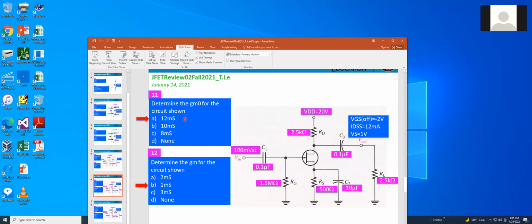So which one is wrong, 11 and 12 or both? No, number 12. Number 11 is good. Number 12 is the one that I got 6 millisiemens, not 1. Okay, now, who tried to do that calculation to see what we get?